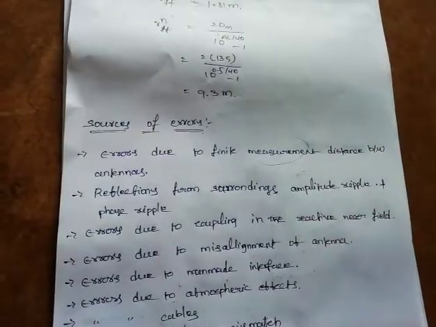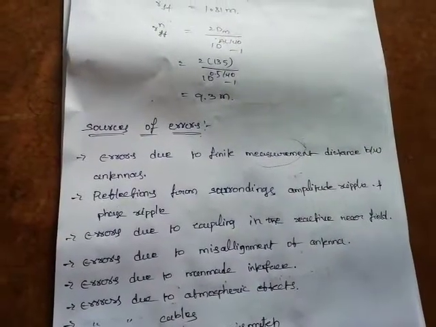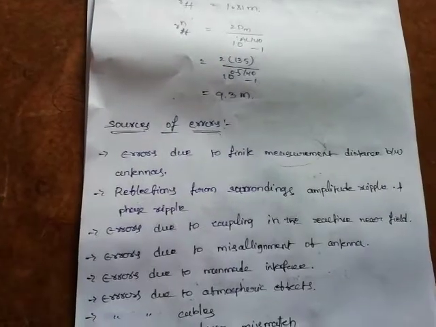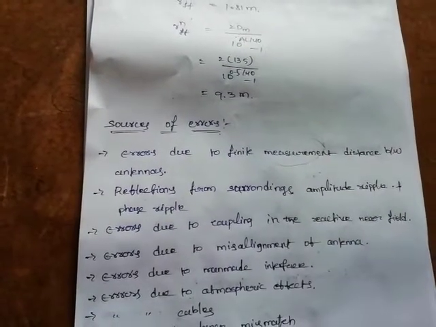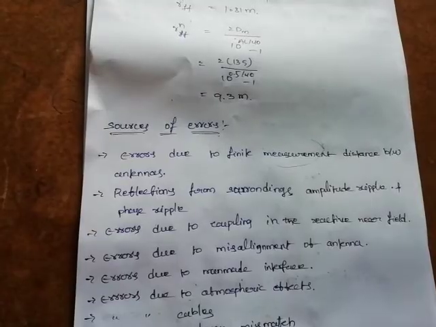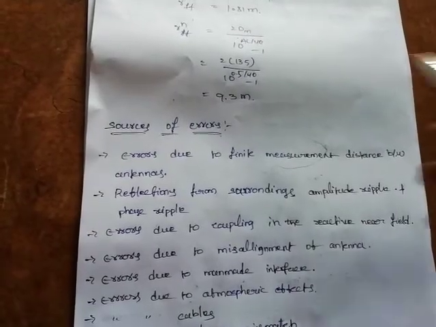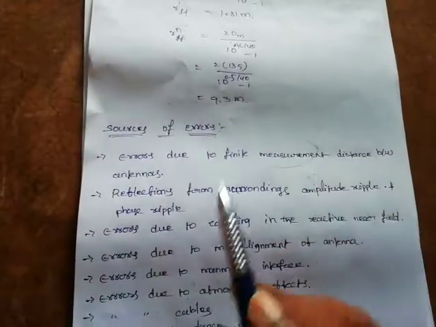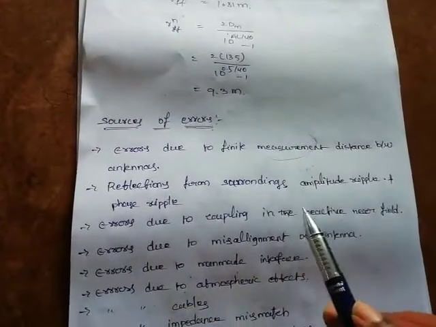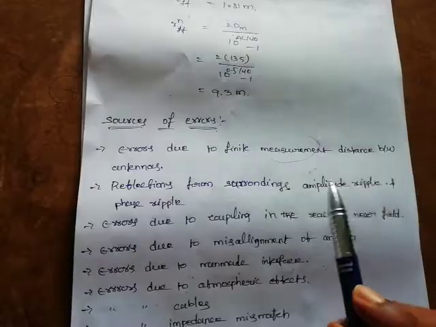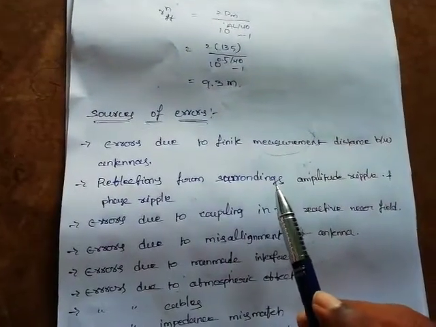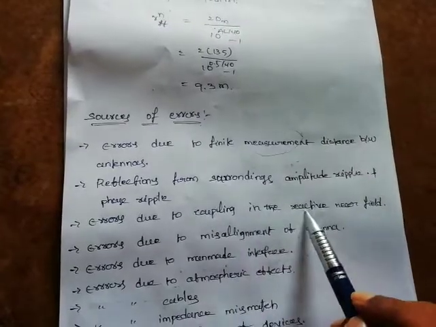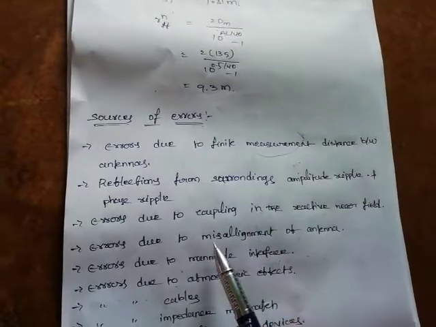After you place an antenna, you will get reflections from the surroundings. Because of some materials surrounding your antenna, amplitude ripple or phase ripples, you will get errors. Next, errors due to coupling in the reactive near field. When overlapping is done between any two antennas, that is coupling. So in the reactive near fields you will get errors.